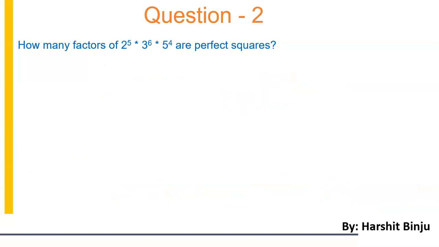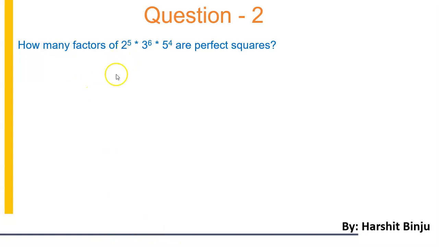Again, another question. Pause the video and try this one. This you'll be able to solve. How many factors of this number are perfect squares? So I just need an even power.